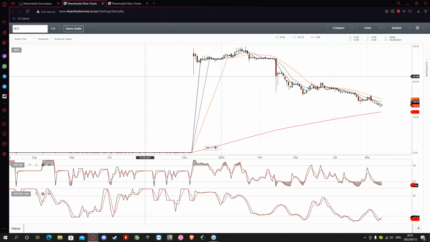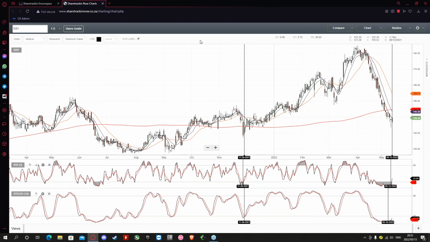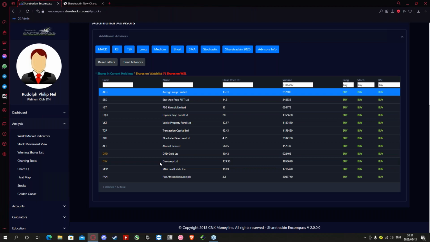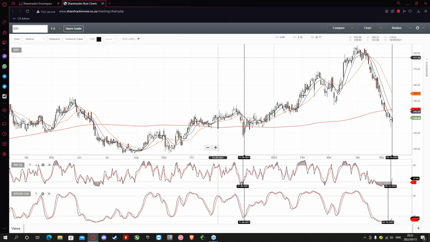So Discovery would have been a really good, let's put it this way, a guess that the share is going to go up when we clicked on it. But I did do some technical analysis previously on Discovery also, and that's also why I selected it, because of the crossovers that it currently has. But that would have been a really good indication of the share going up.